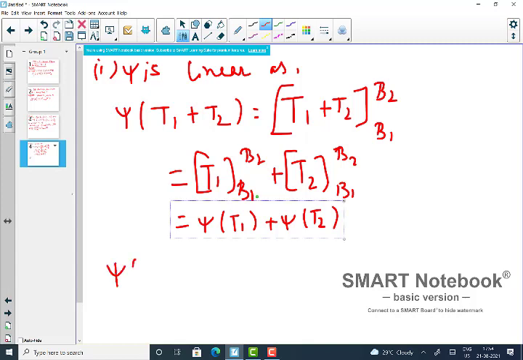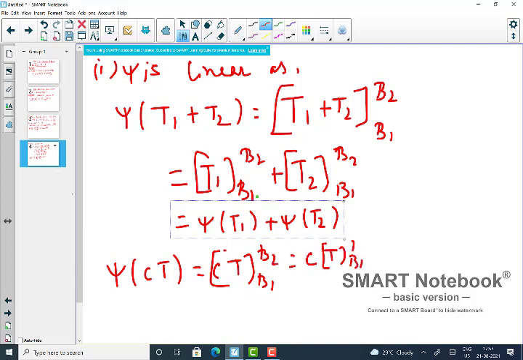Similarly for scalar multiplication, for any c, psi of c times T is the matrix of c times T with respect to these bases, which is nothing but c times the matrix of T, which is c times psi of T. So psi is linear, there is no problem with that.